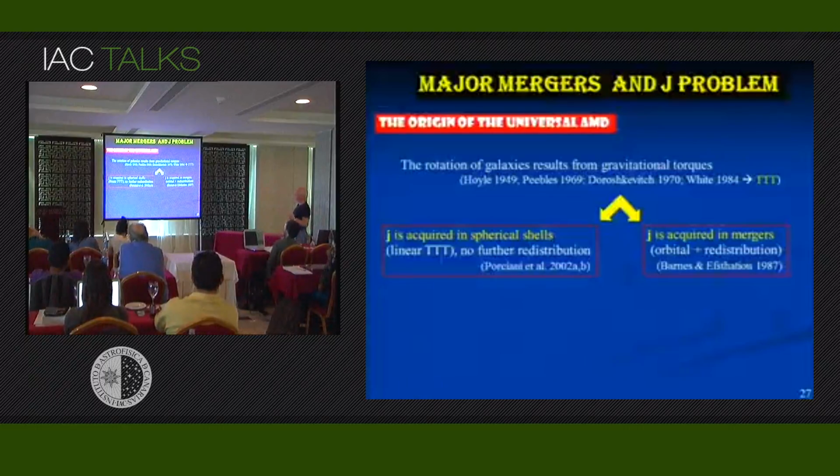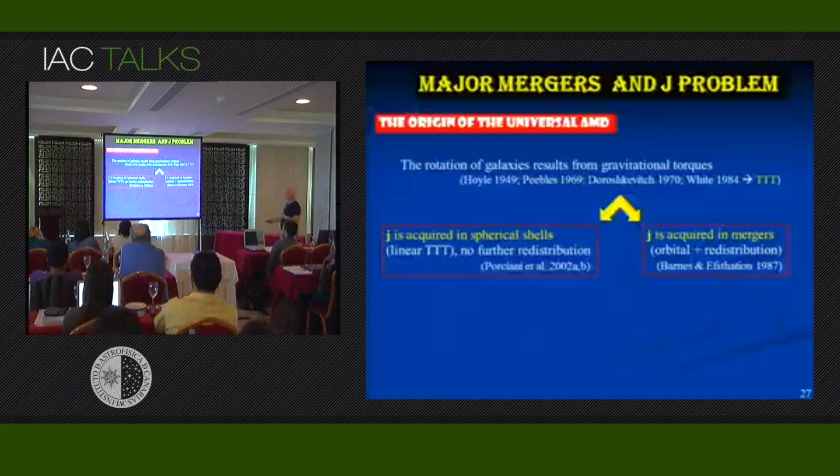Okay, what is the origin of this universal angular momentum distribution? Well, the idea in the 50s, 60s, and 70s was that this is the result of the gravitational torques. But there are two opinions.